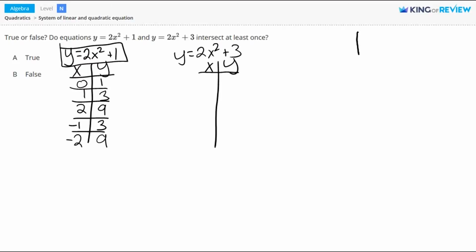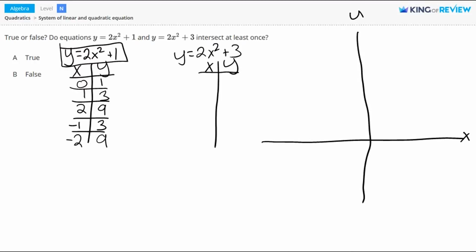So let's go ahead and plot this on a coordinate plane. We have our x-axis and our y-axis here. Okay, so now I'm ready to plot these points.